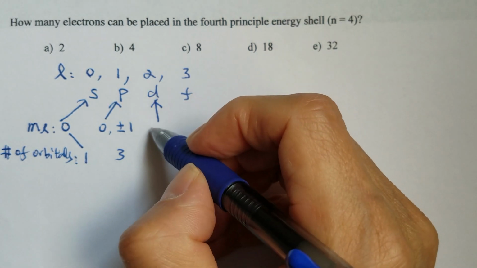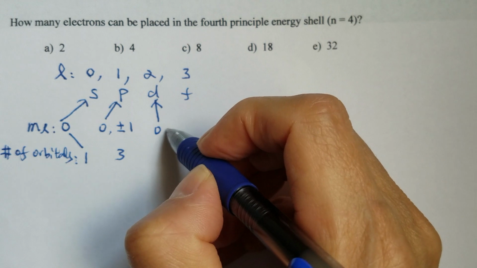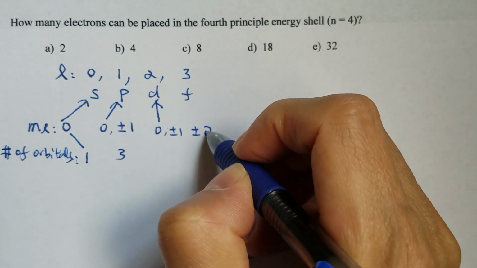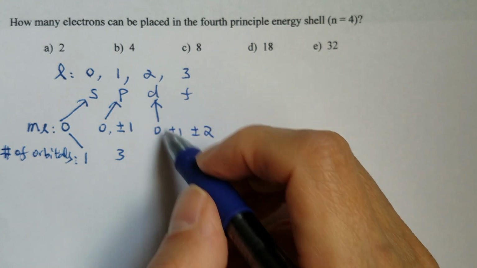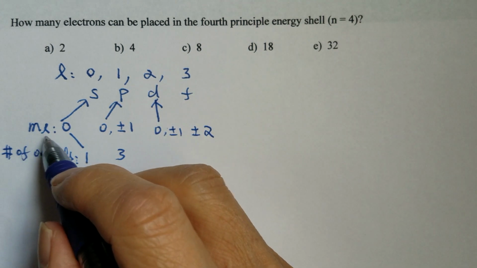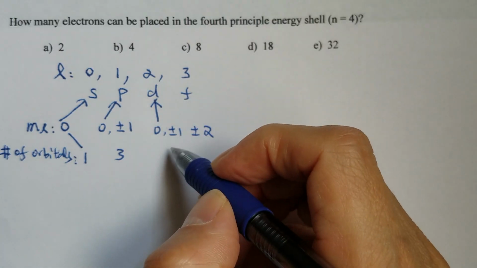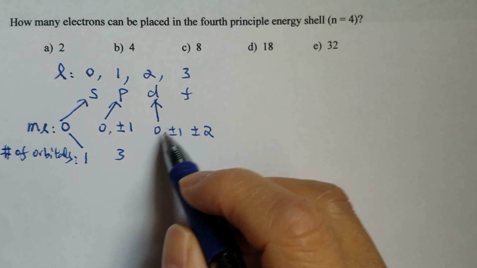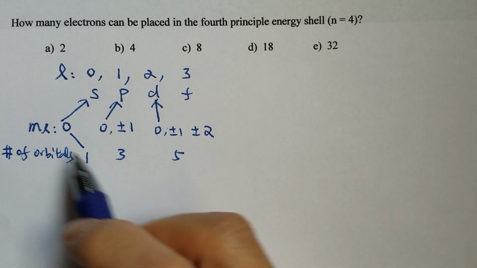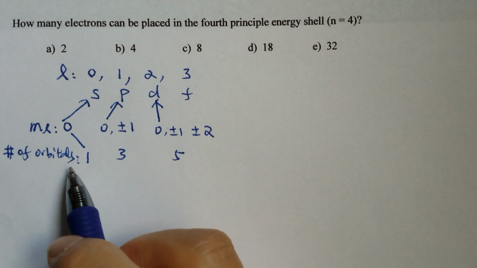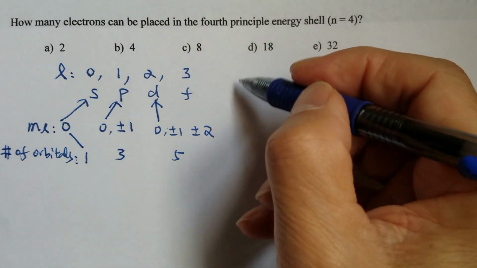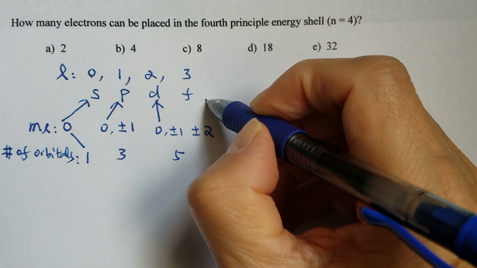L equals 2, that should be 0, plus minus 1, plus minus 2. Then how many orbitals, or how many ML values? That's 5. 5 ML values means 5 orbitals, 5 possible orientations. Now, the last one.